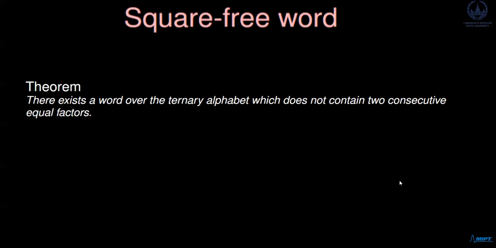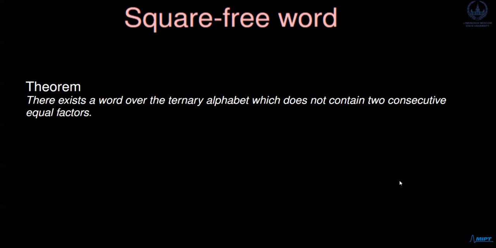The theorem states that there exists a word over the ternary alphabet that does not contain two consecutive equal factors. Actually, the ternary alphabet consists of the three symbols, typically 0, 1, and 2.